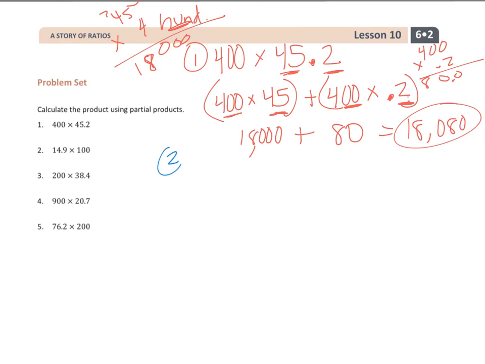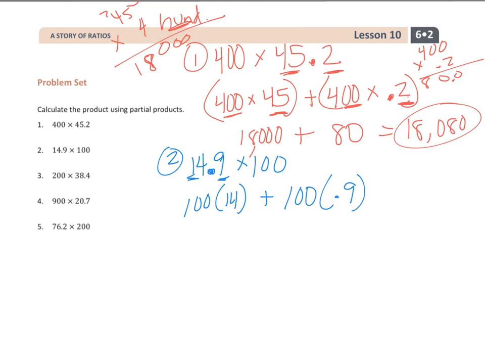Let's look at 2. A little different setup here. Same thing though, I'm going to break apart the decimal. Doesn't matter if the decimal is first or second. So I'll do 100 times 14, and I'm going to write it a little differently. And then 100 times 9/10. And notice when I have a whole number next to a parenthesis with no operator symbol, like addition, subtraction, multiplication, or division, it's going to be multiplication.